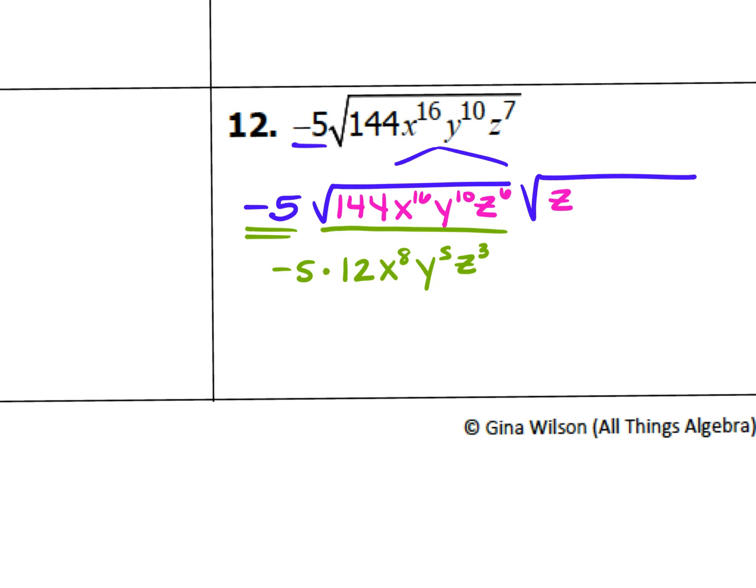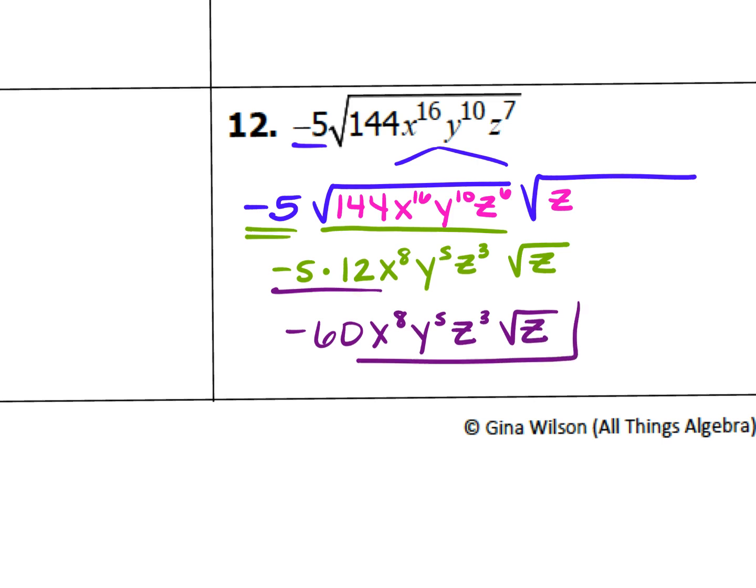Multiplication. So you have that, and then you just have the square root of z at the end. You can do one more simplification. -5 times 12 is -60. X to the 8th, y to the 5th, z to the 3rd, rad z. Okay, questions on that?